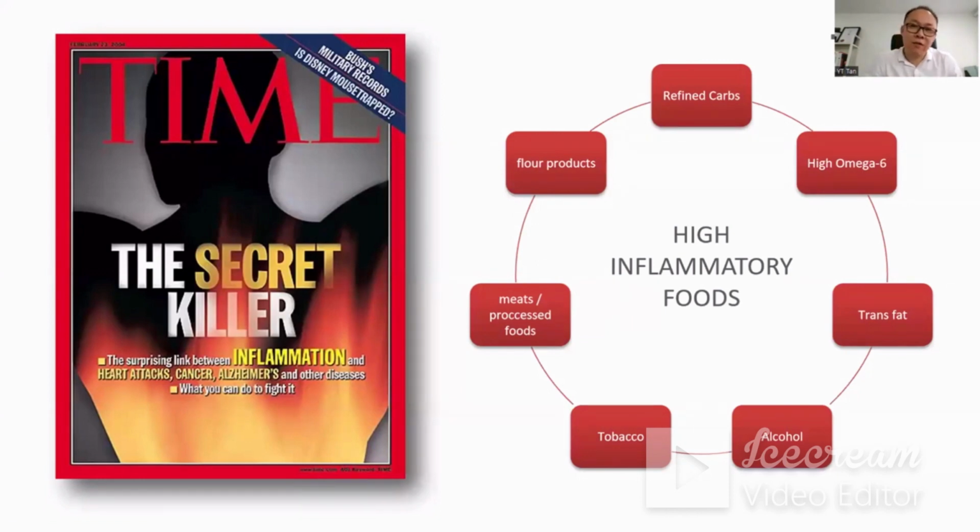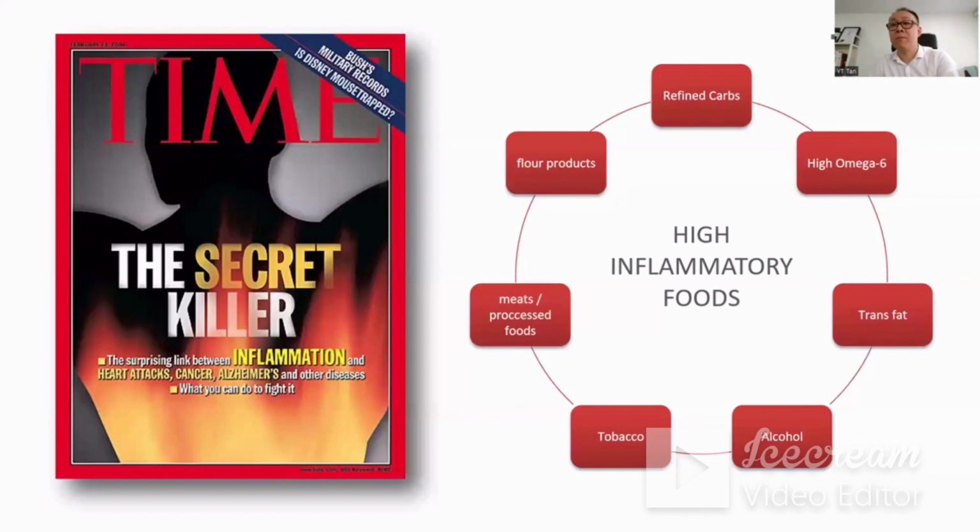We used to eat a lot of corn, vegetable cooking oil, right? And we use a lot of deep frying, making use of all these vegetable oils. All these vegetable oils actually contain high omega-6.